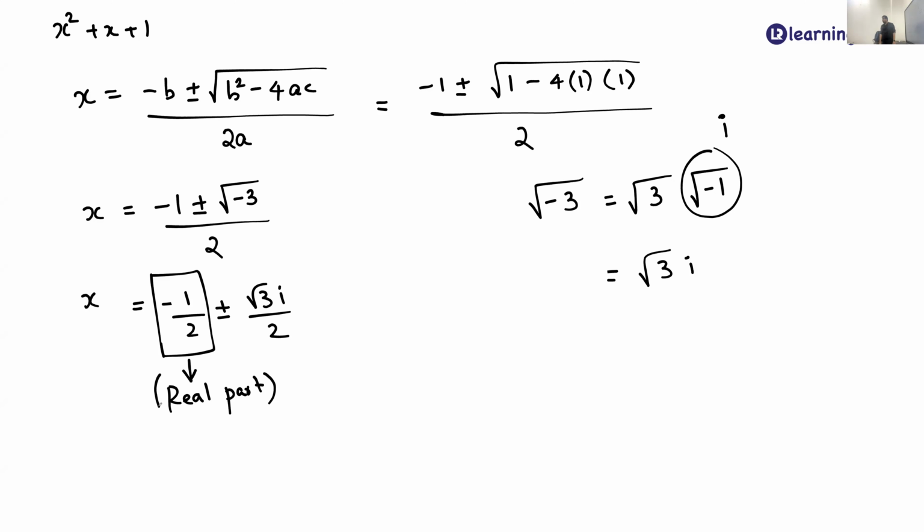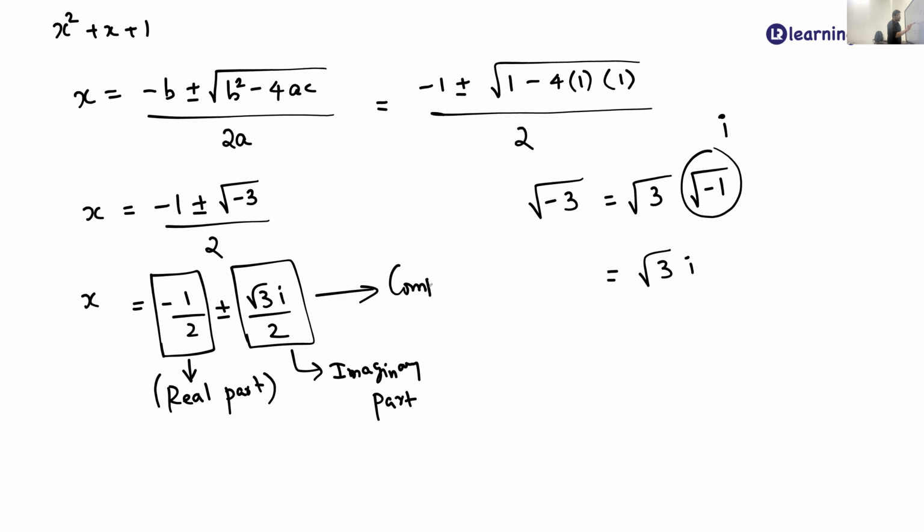So it is the real part, and this one is the imaginary part, and this combination can be called a complex number. So did you understand? Complex numbers come from the concept of discriminants. From there only we borrow this idea. Okay. So it is going to be real part plus imaginary part.